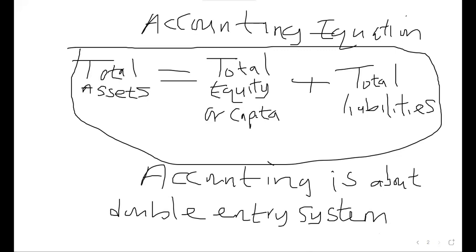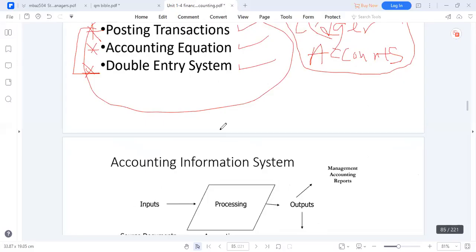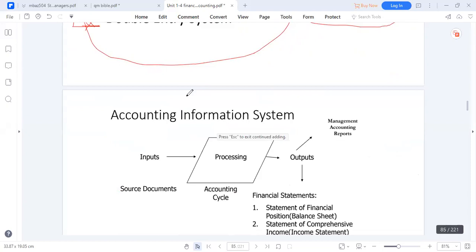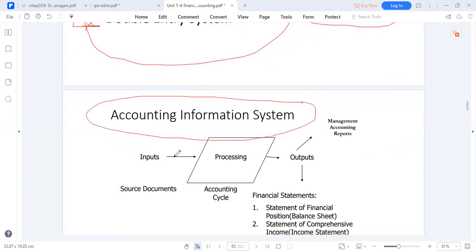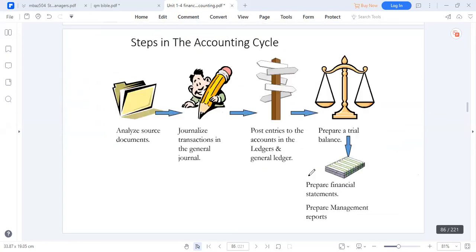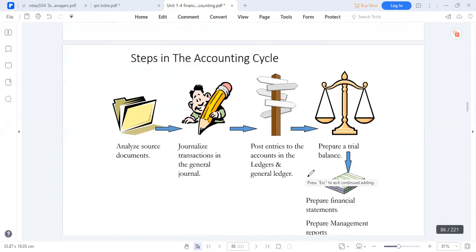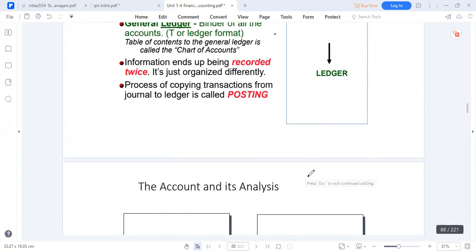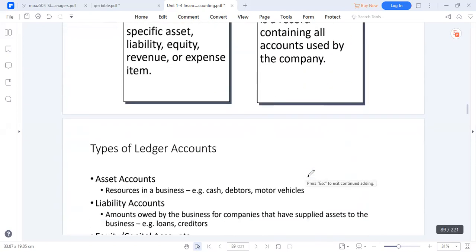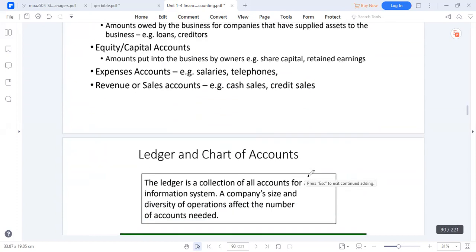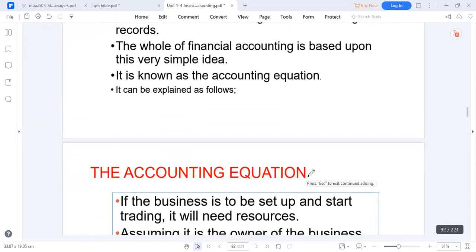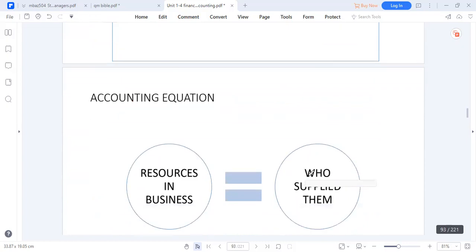Understand where the money is coming from and where the money should go to. In the accounting information system, we have the inputs and outputs here, but let's go down to the double entry system. We need to explain it.